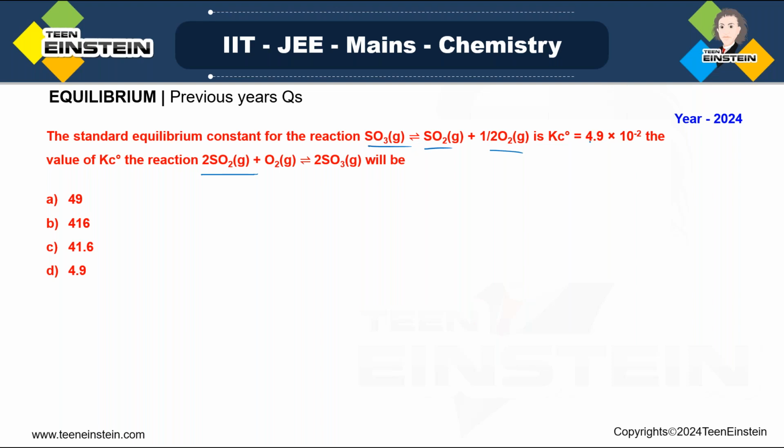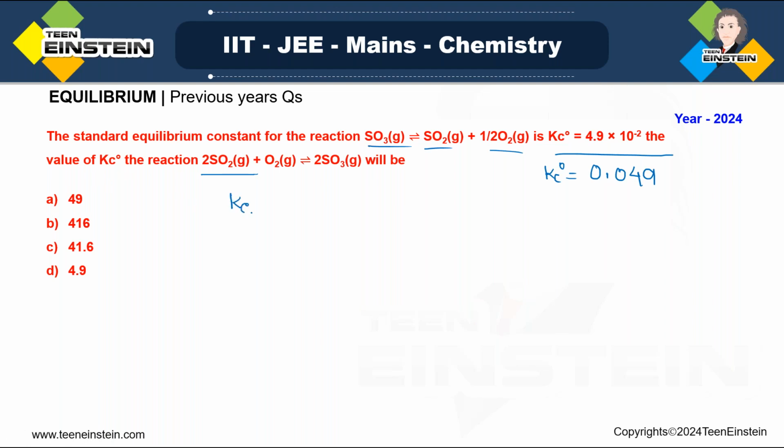So what we have to do, Kc naught for the first one is given, which is 0.049. You have to find Kc naught for the second reaction from this value of 0.049. So we will try to find out the relationship between the value of Kc naught for the second reaction and the first.